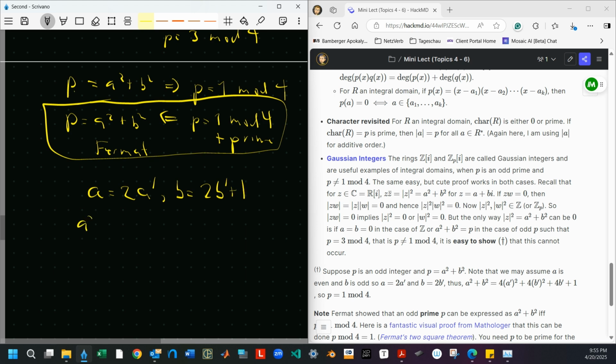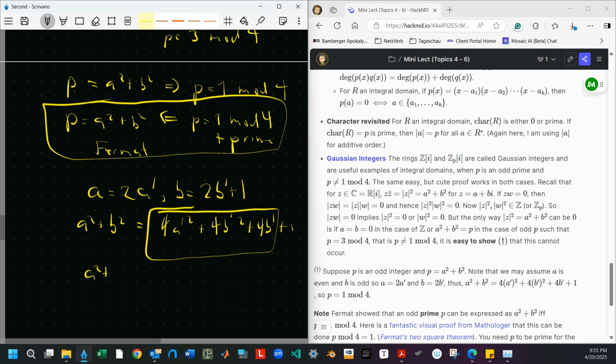Then A squared plus B squared, if you just work it out, is going to be 4A prime squared plus 4B prime squared plus 4B prime plus 1, and all of this except the 1 is equal to 0 mod 4. So clearly we get that A squared plus B squared is equal to 1 mod 4.